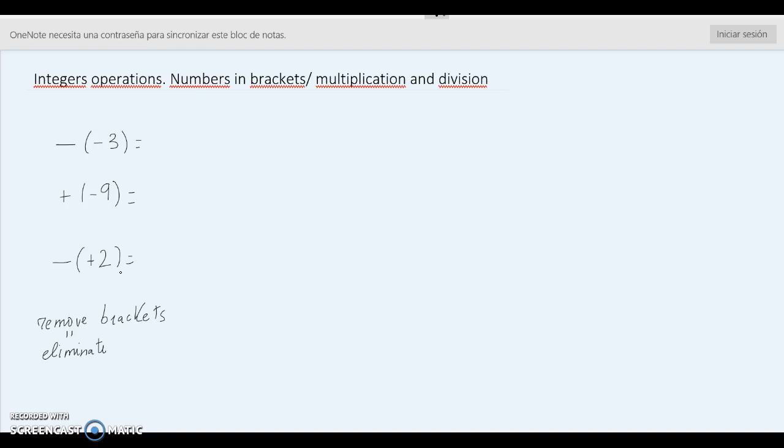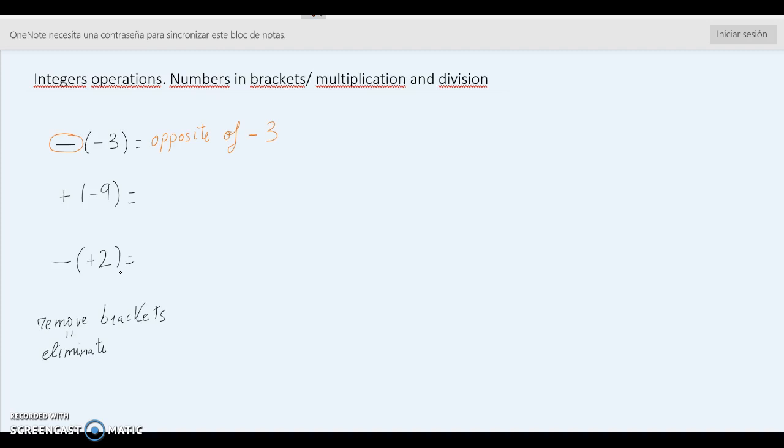Okay, when you have a minus, a negative, before a bracket, this is the same as opposite of. Now I write the number in the brackets, minus 3.